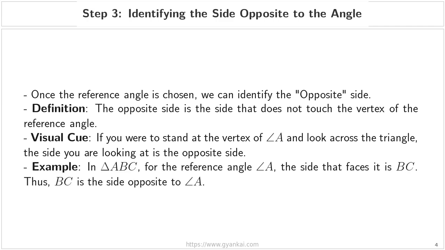Let's look at our specific example in triangle ABC. If we are focusing on angle A as our reference, the side that faces it, which is side BC, is the side opposite to angle A. Keep this in mind, because as we will see in the next slide, identifying this side correctly is the final piece of the puzzle before we identify the adjacent side.